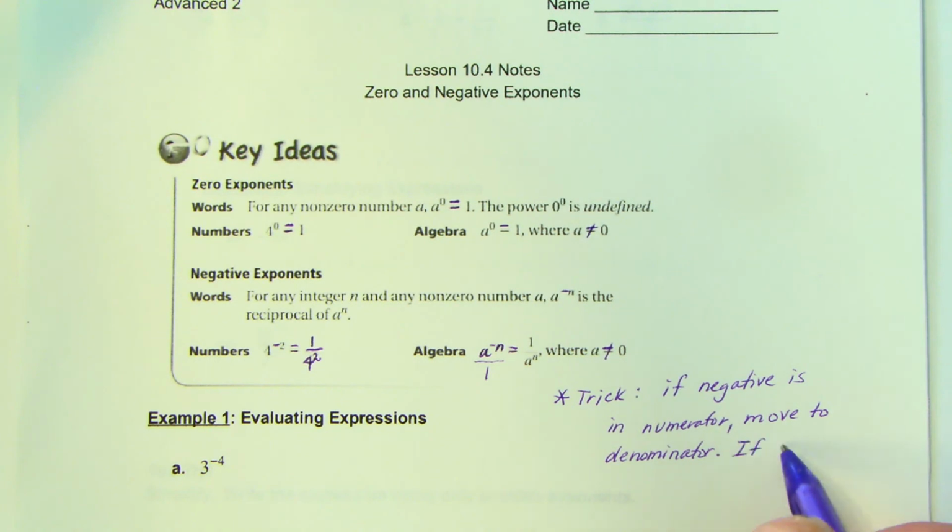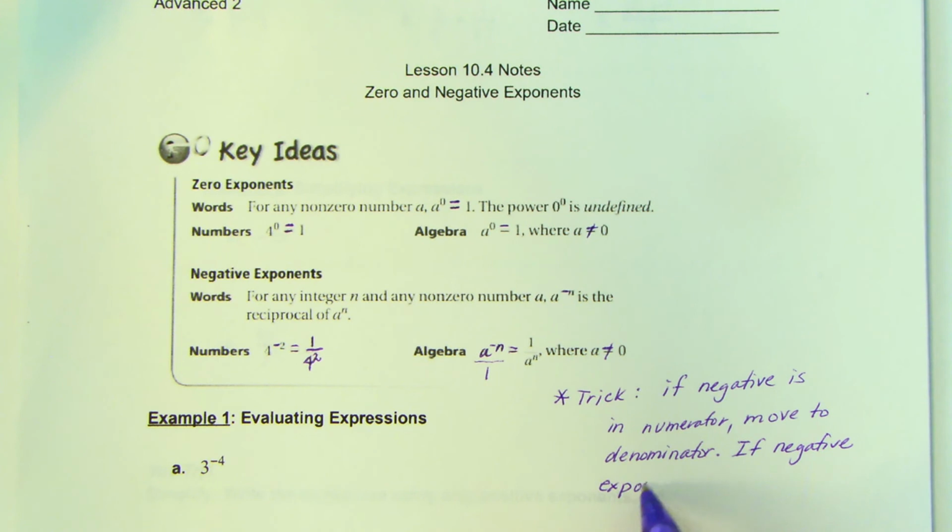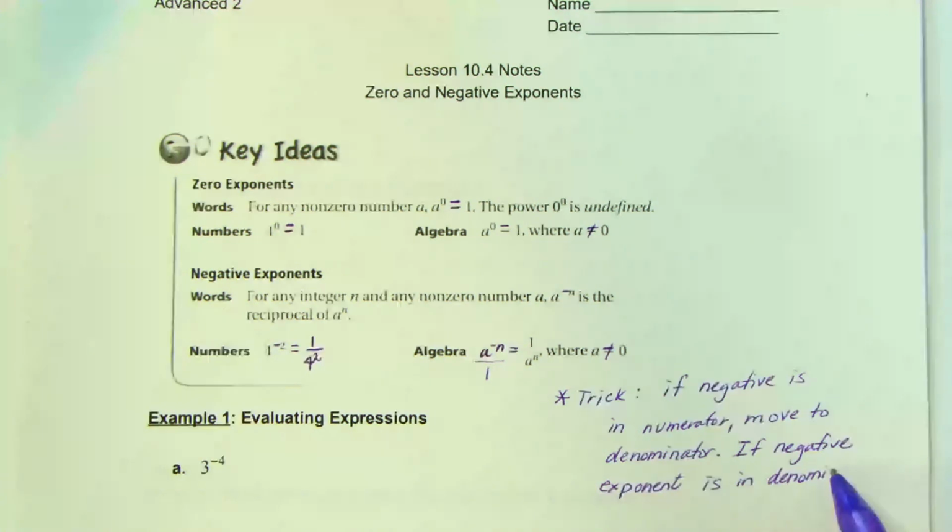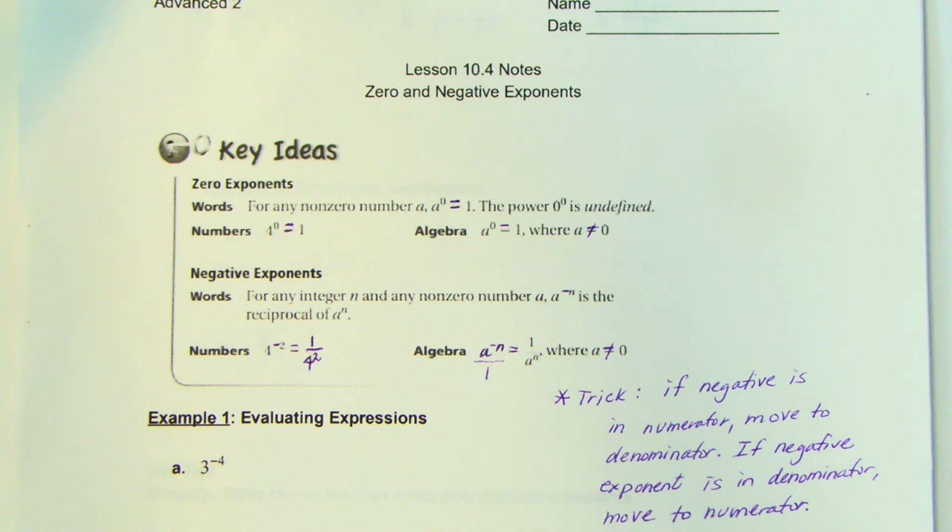And if it's negative in the denominator, then you're going to move it to the numerator. Okay, that's going to be like a little trick to follow.